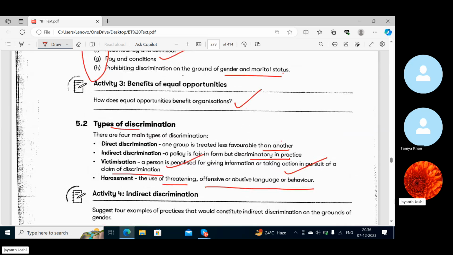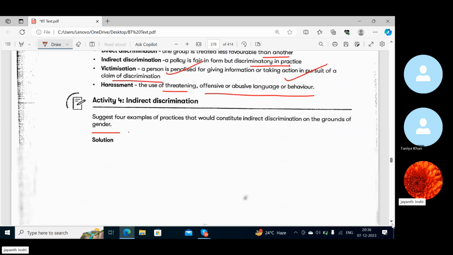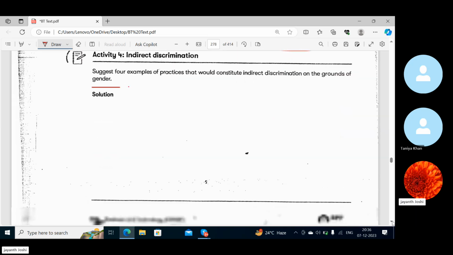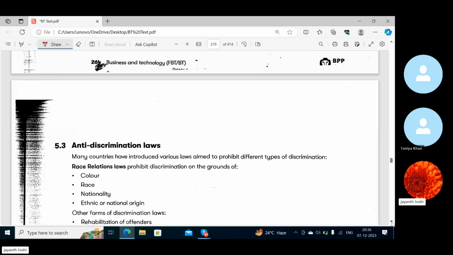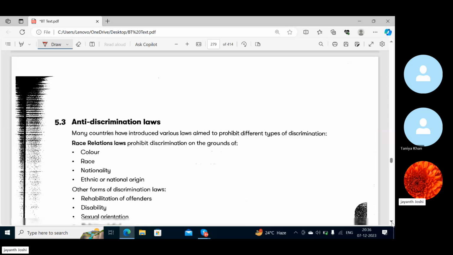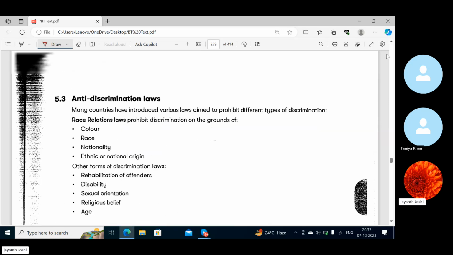Generally, such kind of organizations are not good, but we can't rule out this kind of discrimination is happening. But government is taking a lot of measures to lessen this kind of discrimination. Anti-discrimination laws. That's what I said. Government is putting a lot of efforts to reduce all this kind of discriminatory practices. Many countries have introduced various laws.